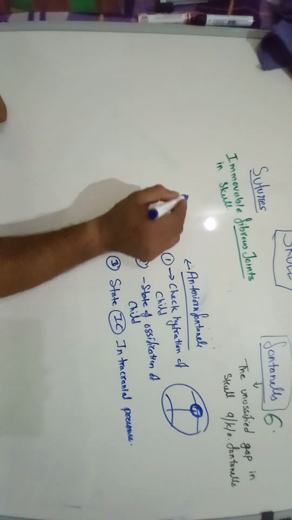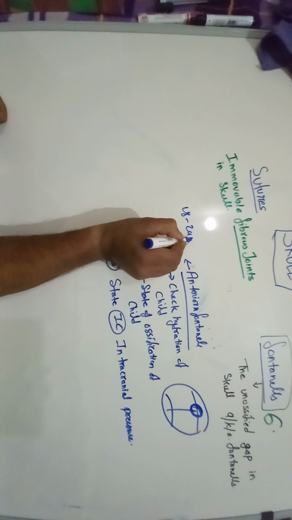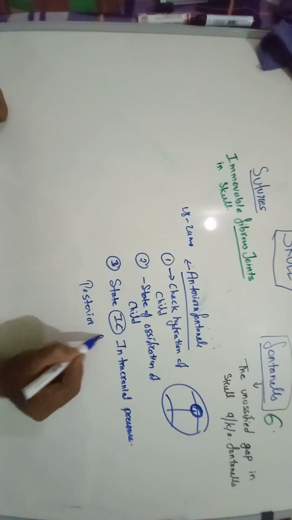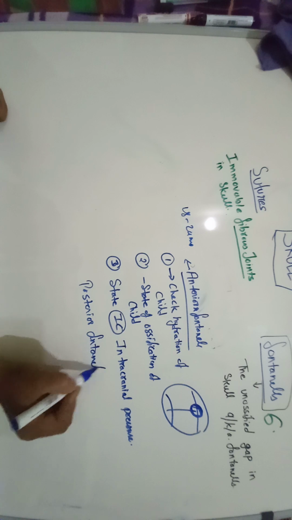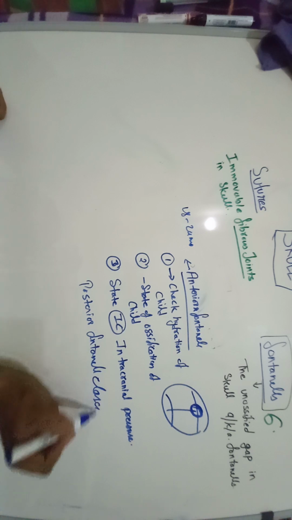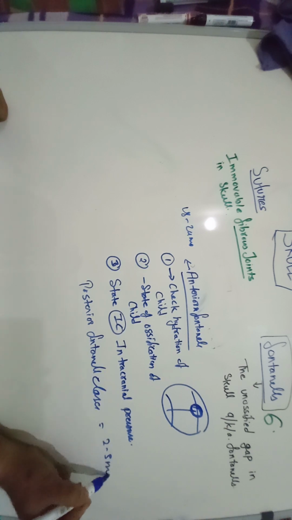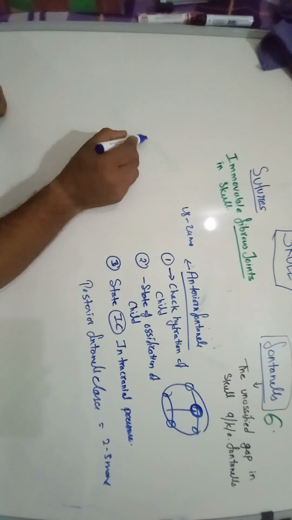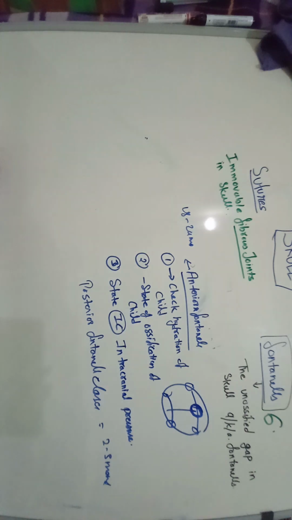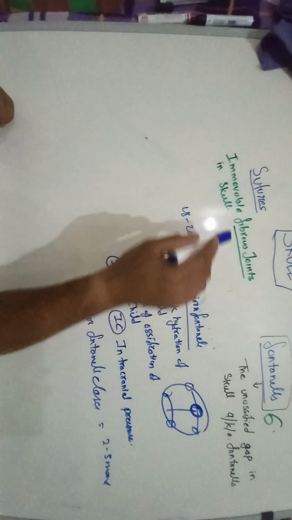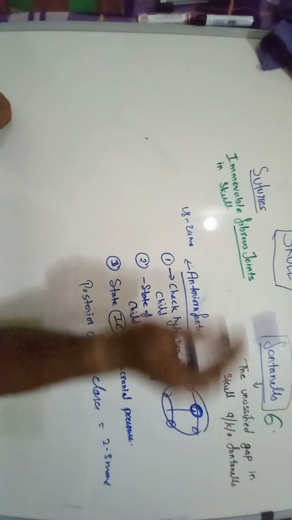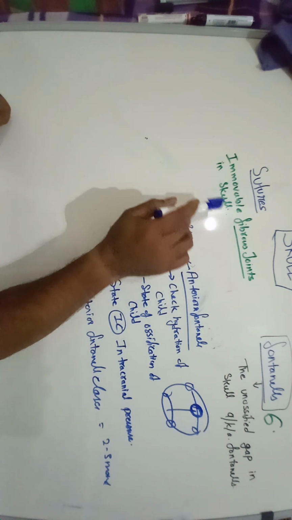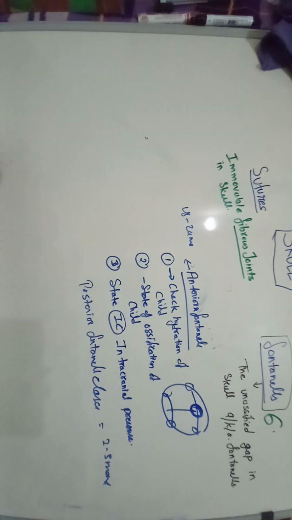This one closes at 18 to 24 months, and the posterior fontanel closes at 2 to 3 months, and lateral closes suddenly after birth. So now you understand sutures and fontanels. Sutures are immovable fibrous joints in the skull.